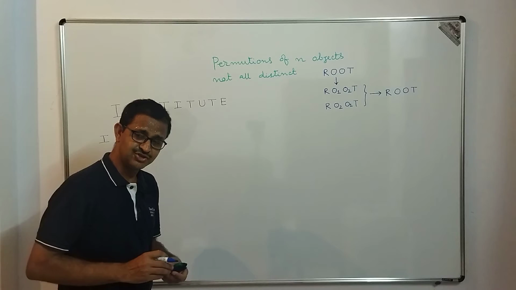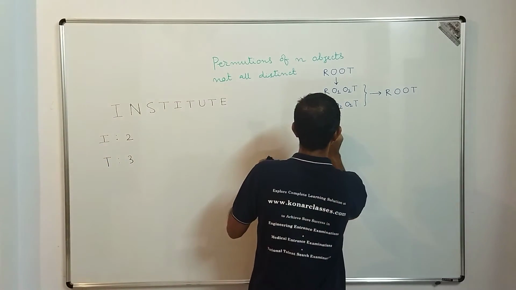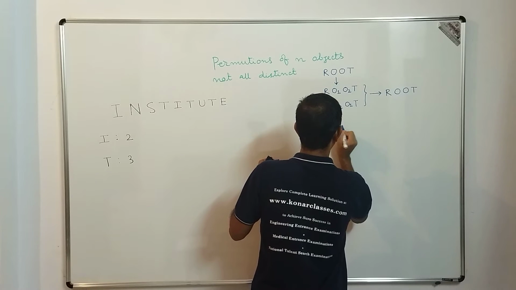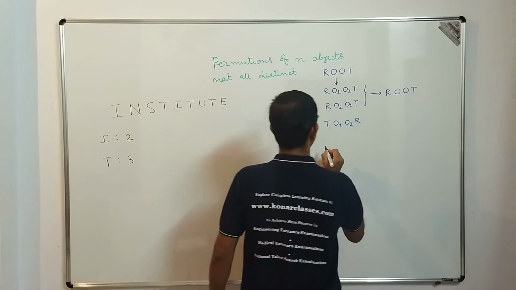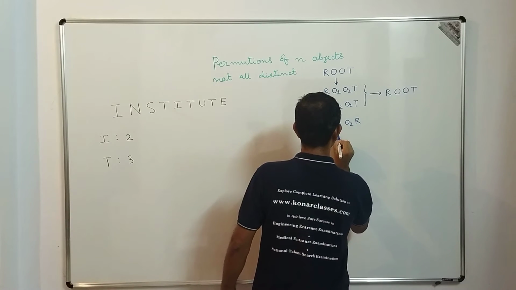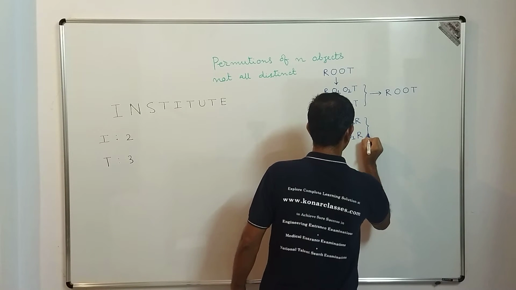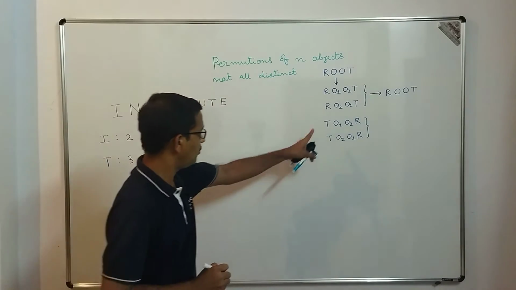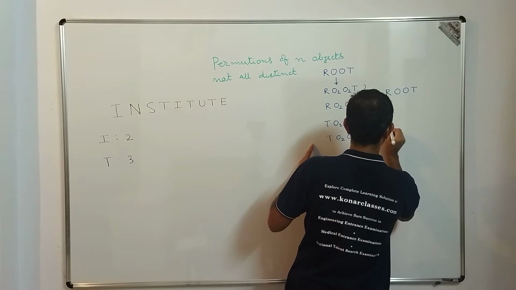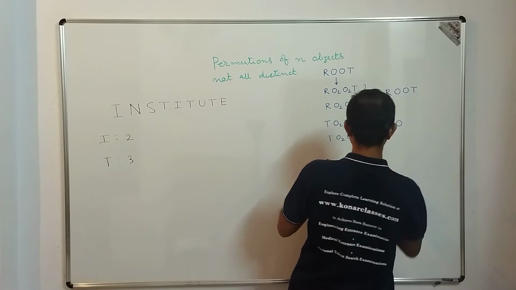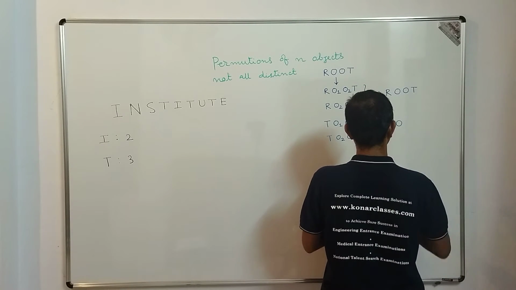Now let's take another arrangement: T O O R. For example, T O1 O2 R, and in the same manner we can write T O2 O1 R. If we consider these two, dear students, O1 and O2 are the same, so it actually represents the arrangement TOOR.